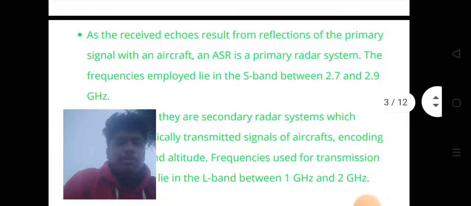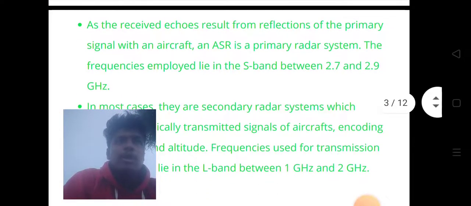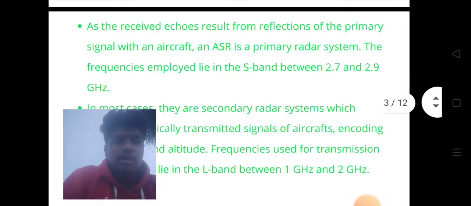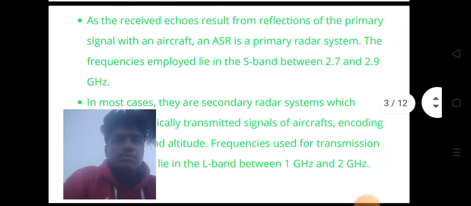The minimum range of ASR means we can detect from 96 kilometers. We can detect an aircraft, its position, speed, etc. The received echoes result from reflection of the primary signal with an aircraft, and ASR is a primary radar system.